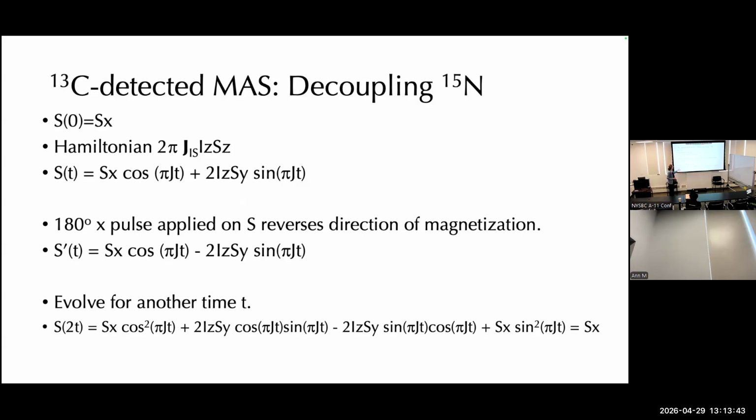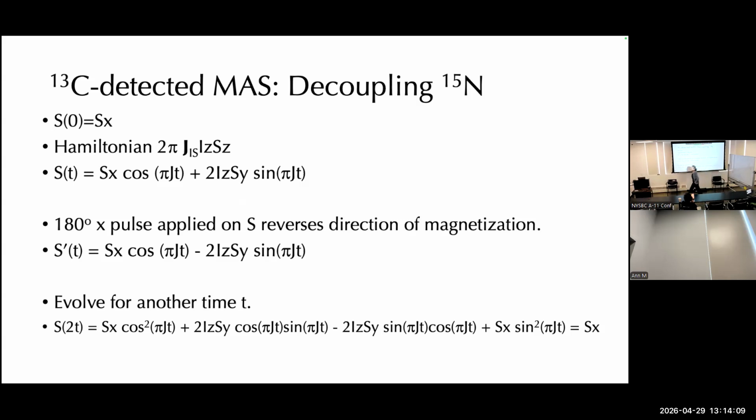And then I'd evolve for another time. After that second time t, so the signal at 2t, I get all of this, because from this piece, I then grow these two terms, and from this piece, I then grow these two terms. And you notice that if I add all that up, these two cancel, and these two add up to one constant. Okay, so that's an echo.